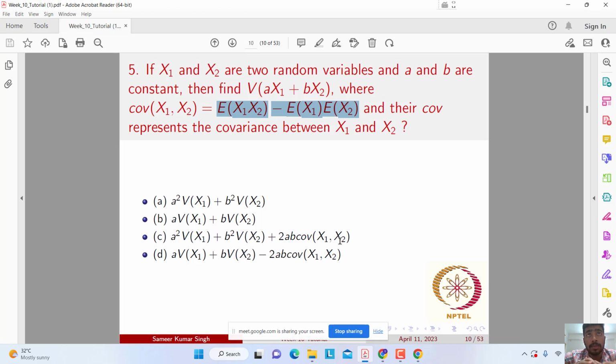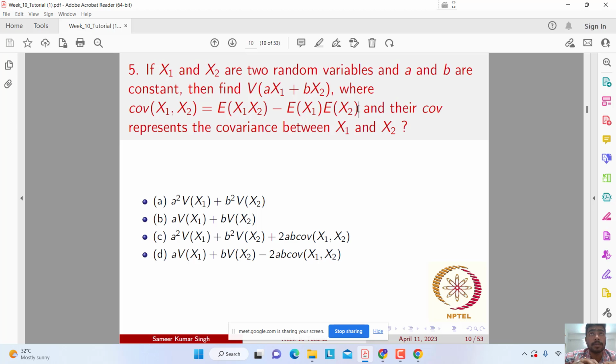That's why I'm saying, suppose x1 and x2 are both independent random variables.